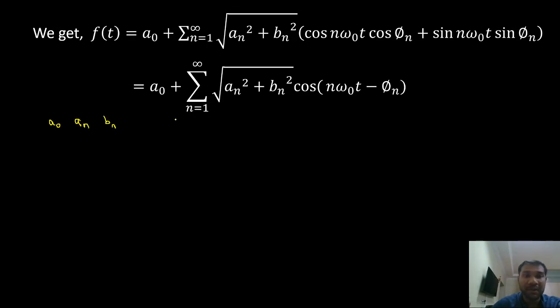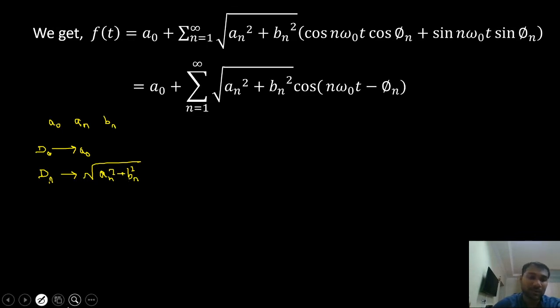I am interested in finding out d naught and dn. d naught is nothing but the same as a naught, so there's no calculation there. When it comes to dn, I have to calculate it in the form of square root of an square plus bn square.